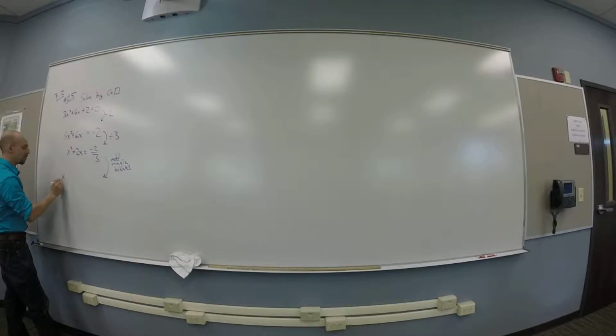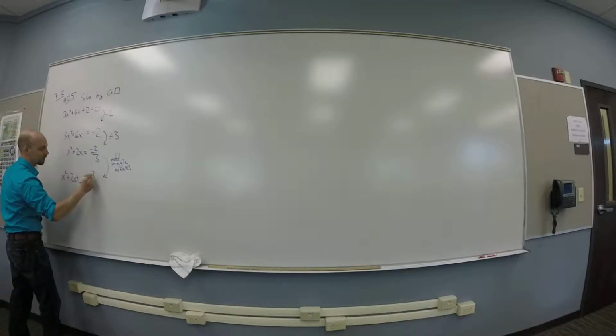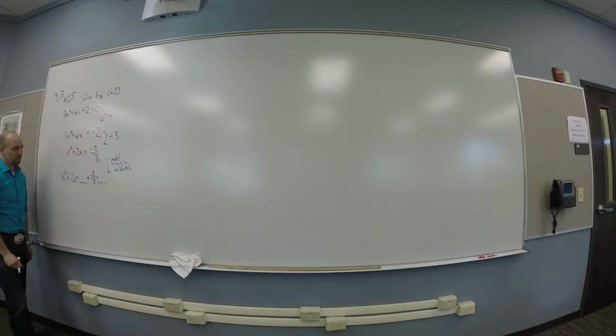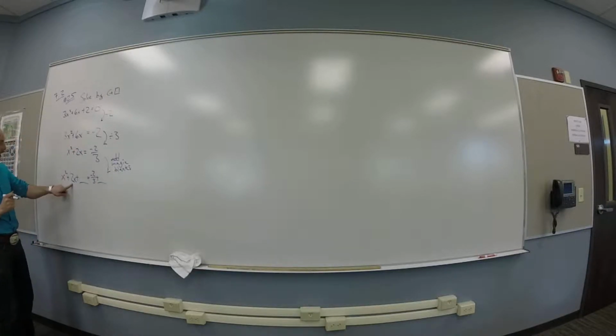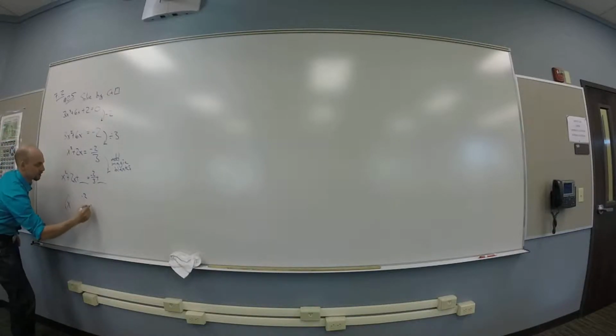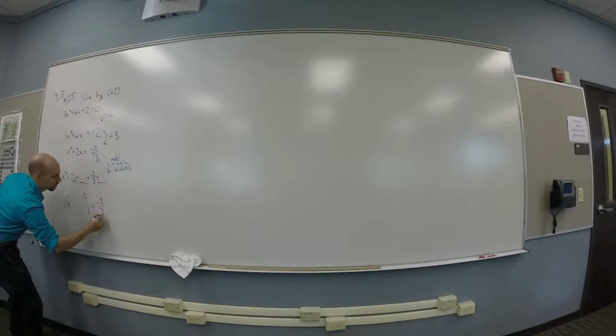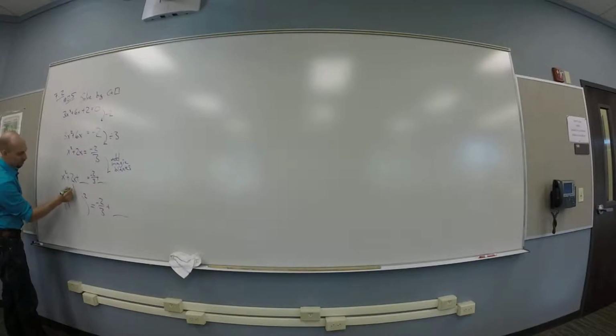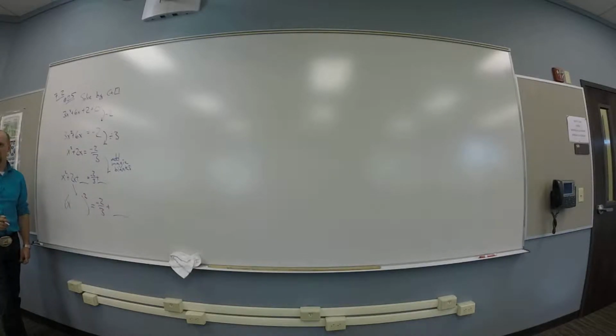Okay, so if I add my blanks, I've got x squared plus 2x plus blank is minus 2/3 plus blank. Then what? I want to look at this as x plus something, squared, is minus 2/3 plus blank, right? How do you get from the 2 to something down here?